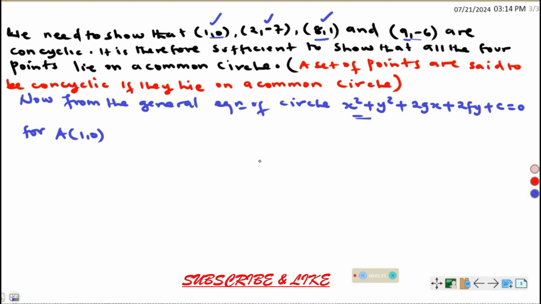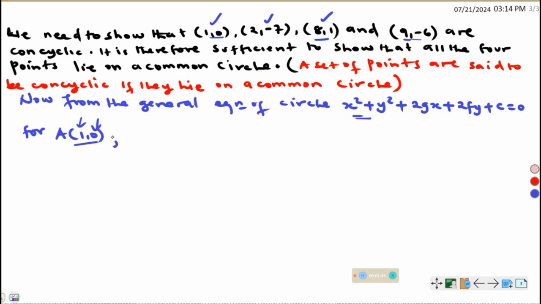We shall begin with point A, which is (1, 0). From the general equation of the circle, our x will be 1 and y will be 0.